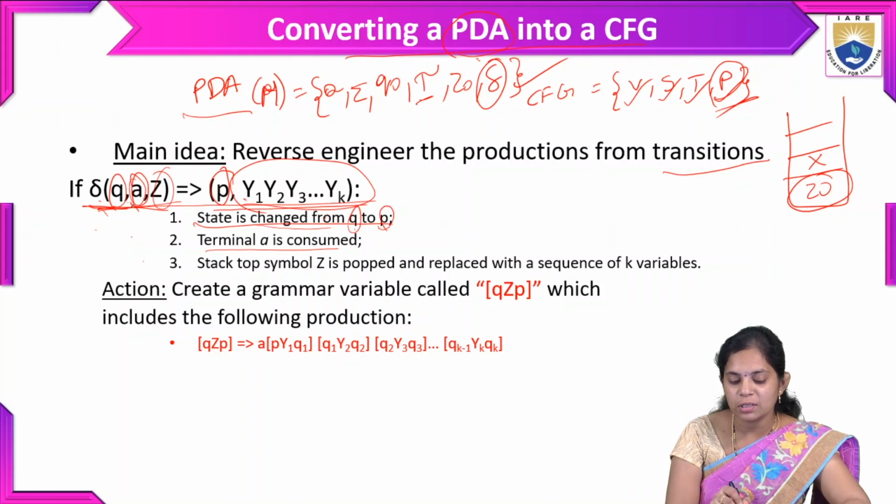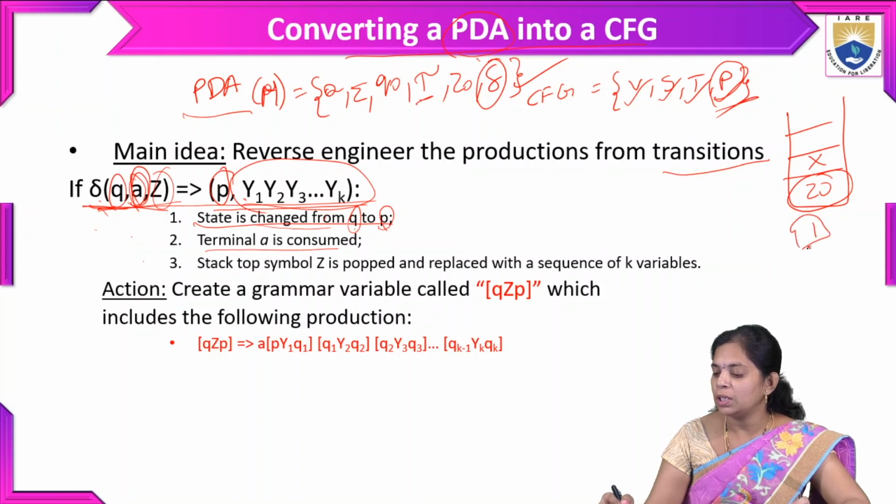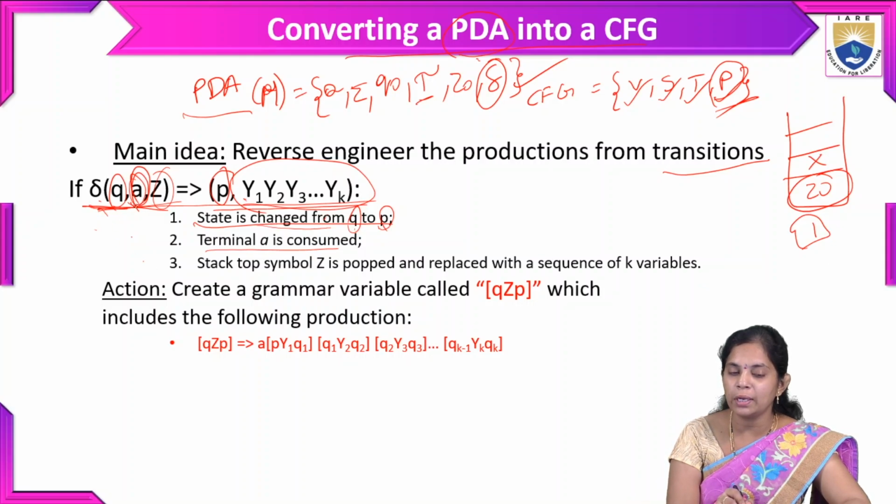A is the input value we are reading. Whenever we are reading 1, we need to replace it with X in the stack symbol. That is the 1 or A.